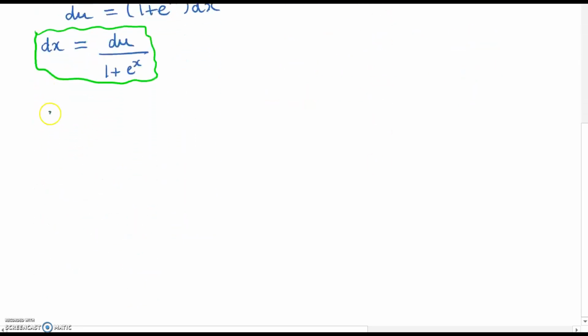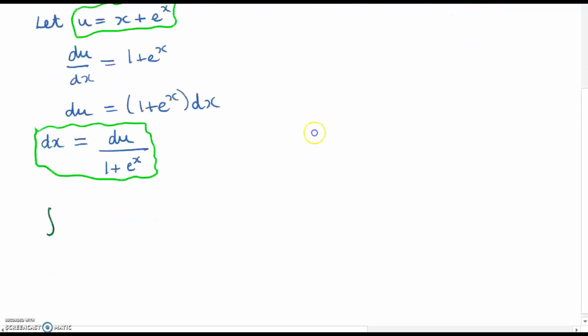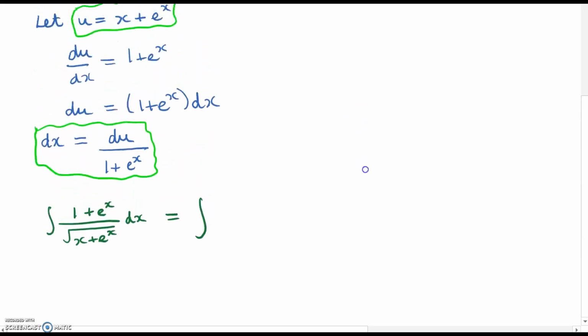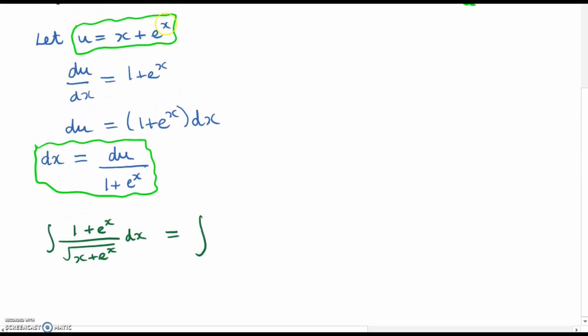Okay, so ignoring the limits gives us this scenario here. The integral of (1 plus e to the x) over the square root of (x plus e to the x) dx is equal to the integral. Now the bits we're replacing are the x plus e to the x on the bottom and the dx. So that leaves us with 1 plus e to the x on top over the square root of u.